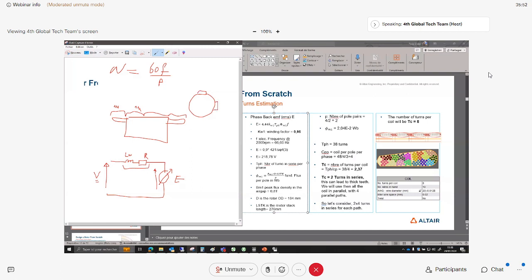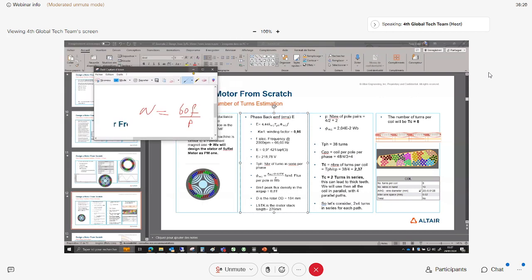Then I am considering this section. So I have this section. I have the length of the machine, the diameter that I want to consider here, and P is the number of poles. So here the section covers 2 poles actually, because I have a 4-pole machine.